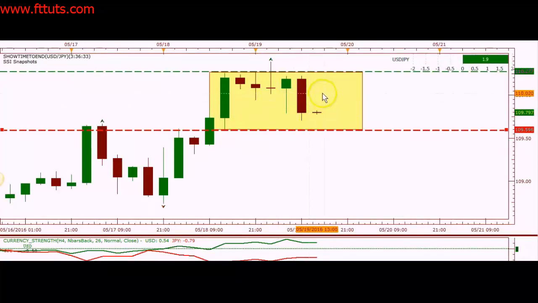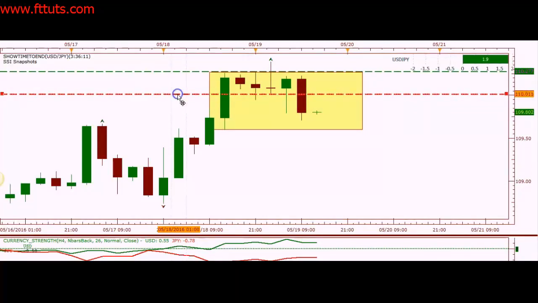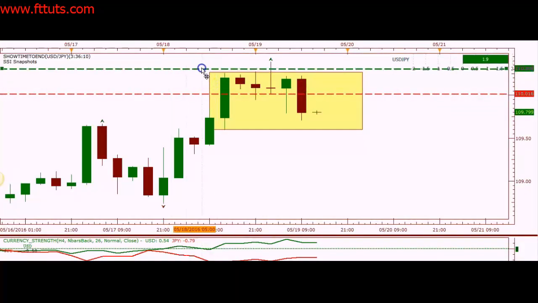You have to wait to see if it can climb back up and break out of that box. And meanwhile, it's approaching closer to your stop loss. You have a bigger risk, so bigger opportunity for you to lose more pips, more of your account rather, where you're risking more of your account. So I do like to be with the aggressive stop loss, but the aggressive entry isn't always the best.